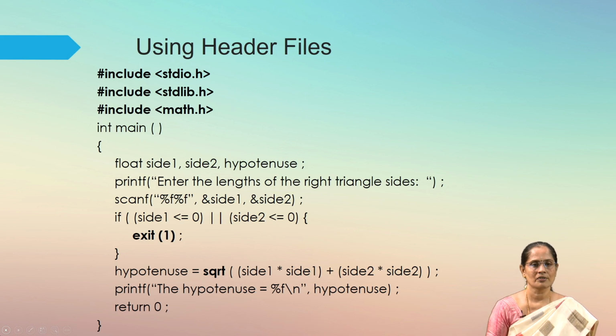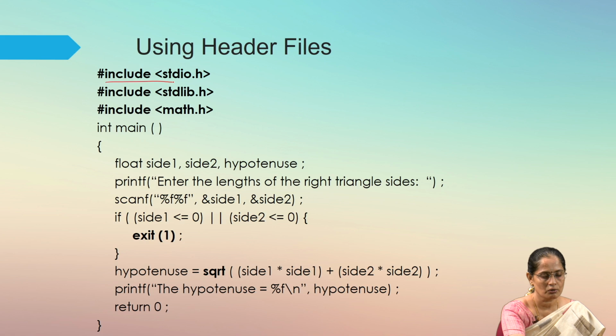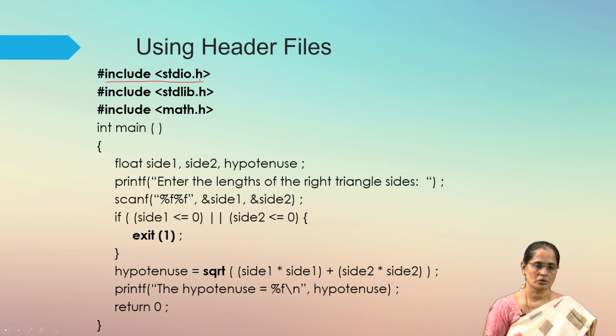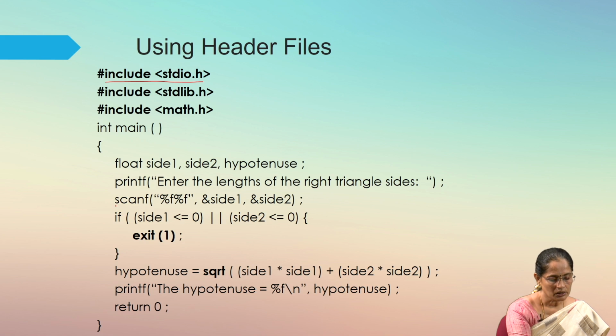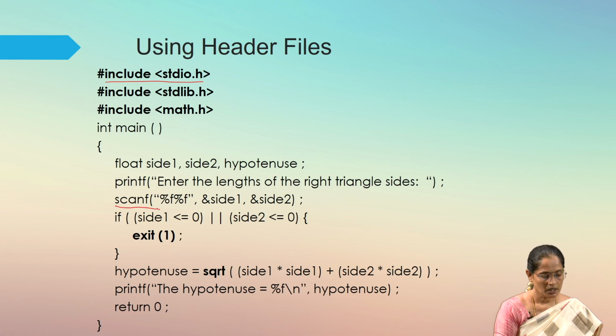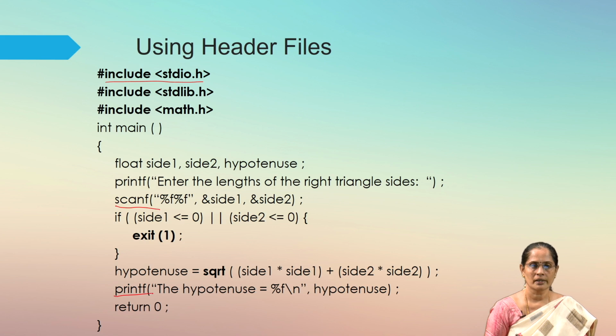Say for instance, if I want to use input output operations, I can just use #include stdio.h. This will allow us to use the input output functions like scanf and printf.